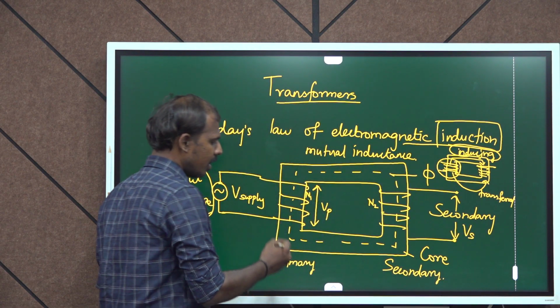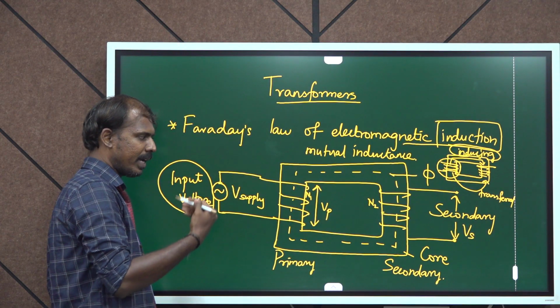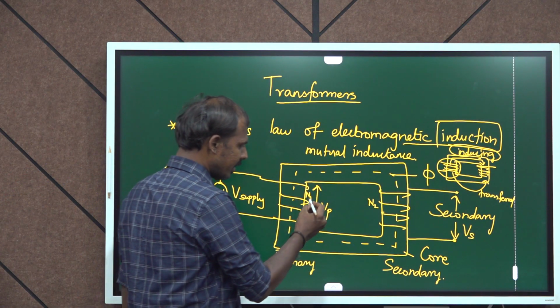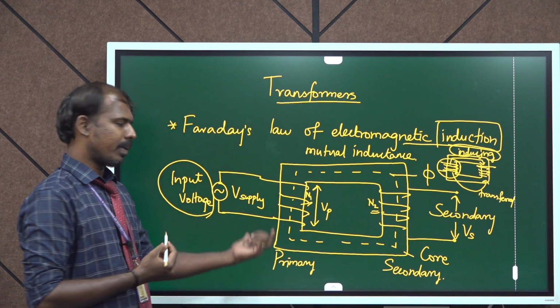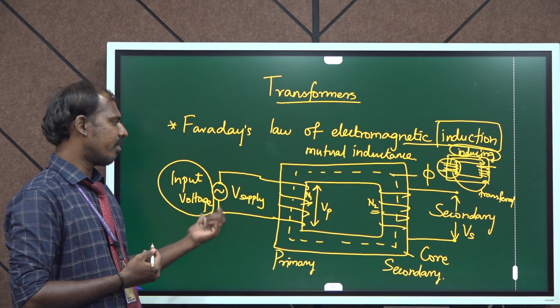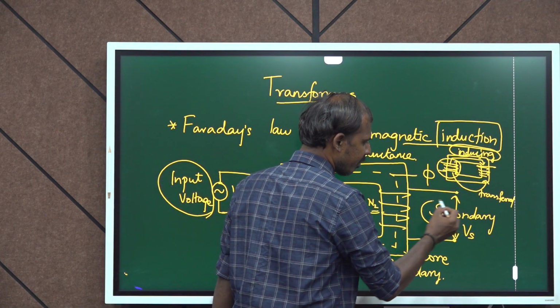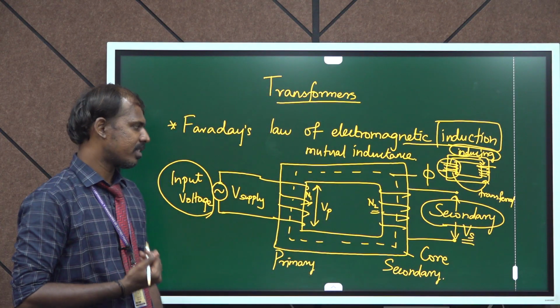The windings present at the primary side are called primary windings, and the windings present in the secondary side are called secondary windings, and they are mentioned as N1 and N2. The voltage applied at the primary side is called primary voltage, V suffix P, and the voltage that will be taken from the secondary side will be called secondary voltage, denoted by V suffix S.